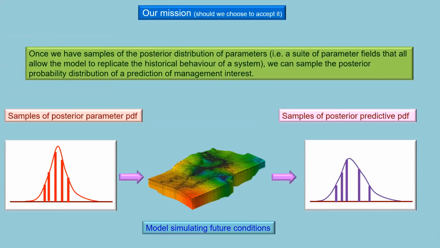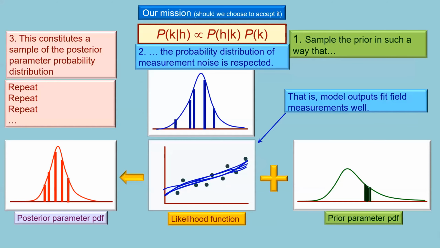Now that all sounds easy, and it sounds conceptually easy at least, but let's not forget one thing. I can draw these nice little schematic pictures here in one-dimensional parameter space. Consider this all in 1,000 or 10,000 or 1,000,000 dimension parameter space.